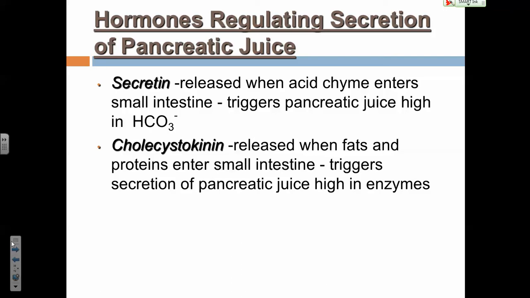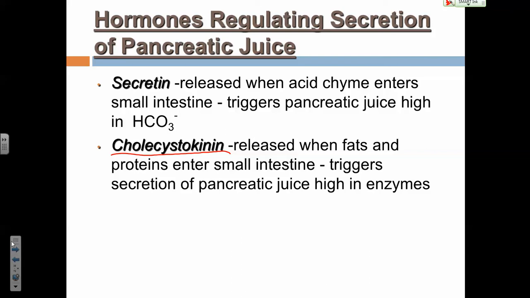And then some hormones that affect pancreatic juice secretion or release. The first one, let's go to the second one, cholecystokinin. We just saw that. Cholecystokinin was produced when fats entered the small intestine, right? And how it affected the stomach was it slowed down gastric activity, movement, and secretion of gastric juice, so that the fats could spend more time in the small intestine and not be washed through, so that they can be broken down.